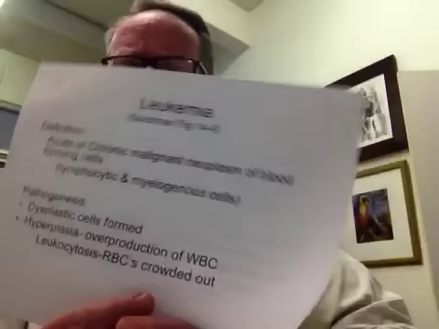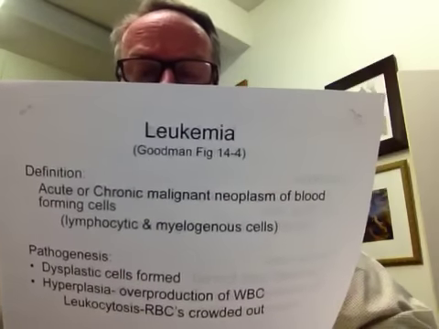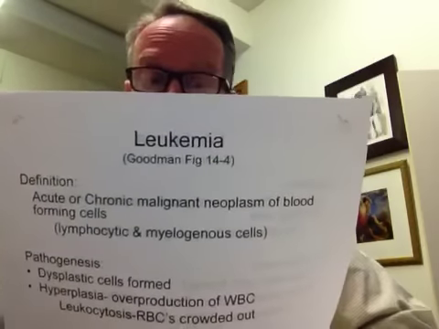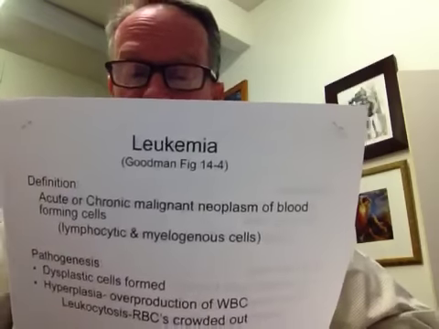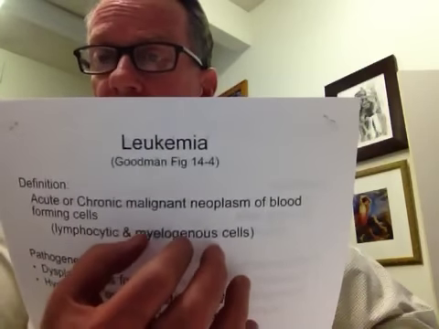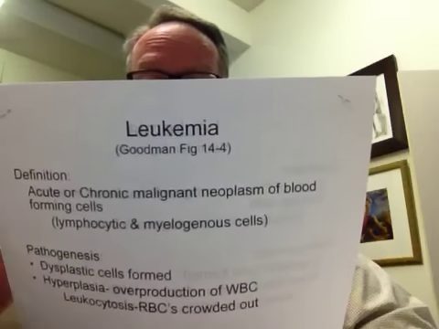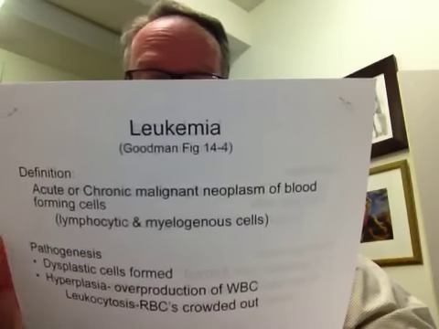And then we really head into the study of disease: leukemia, malignant neoplasms of blood-forming cells, and those could be lymphocytic or myelogenous. Myelogenous is formed in the bone marrow, and lymphocytic is formed in the lymphatic system. What is the disease of leukemia?